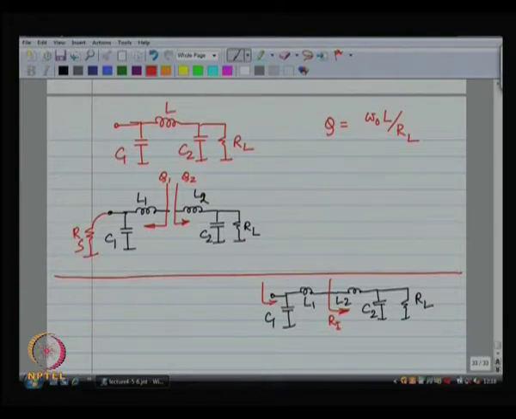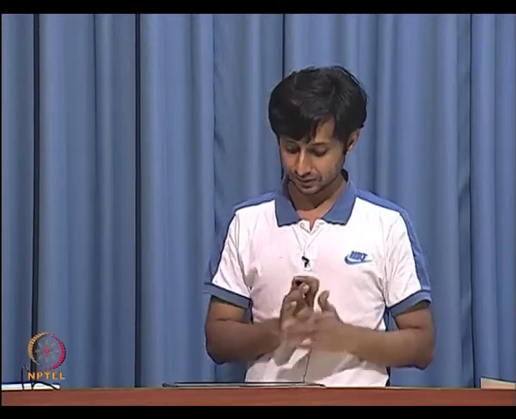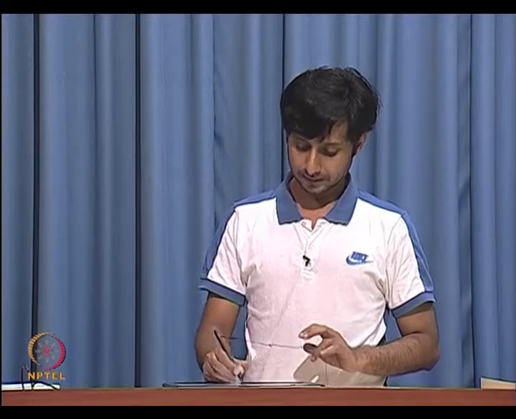Let us say I first go down by a factor of 1 plus q 2 squared, then I go up by a factor of 1 plus q 1 squared and reach my target. So, this is the strategy. The net q is the sum of q 1 and q 2.